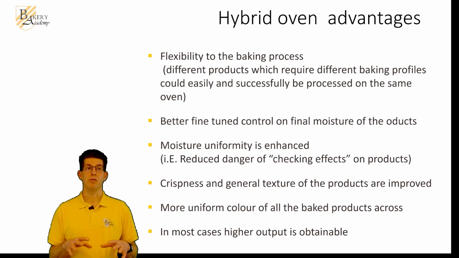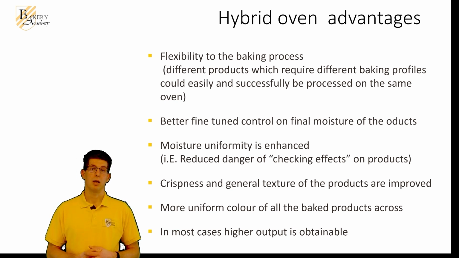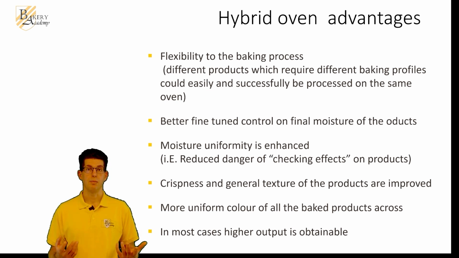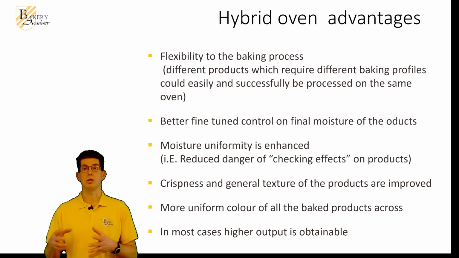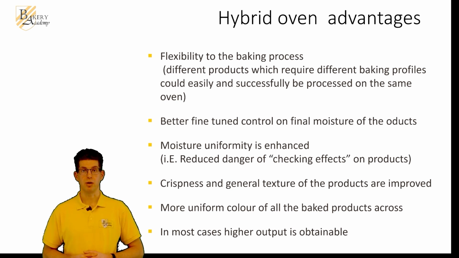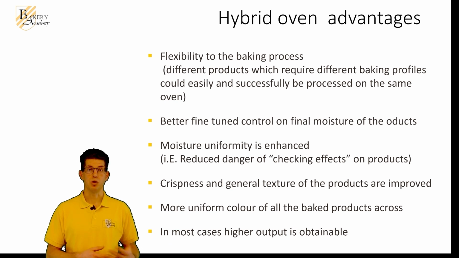We can have steering methods on our crispiness, texture. In some cases, we see that because the heat transfer is used in a much more efficient way, that each zone uses in its most efficient way, the total outcome of the production volume can be increased just by choosing a hybrid oven, combining two or more different oven types compared to just choosing one oven type.